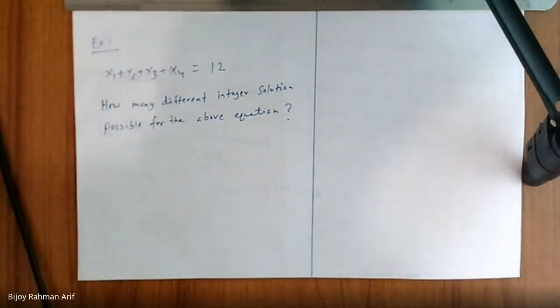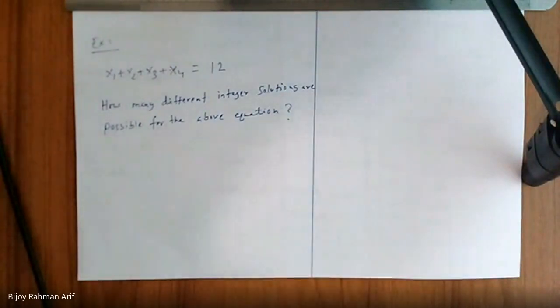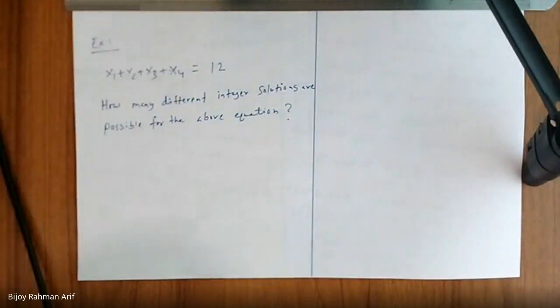How many different integer solutions are possible for the above equation? Is the question clear to you? Question is very simple. Tell me. Give me a solution of this equation, please.